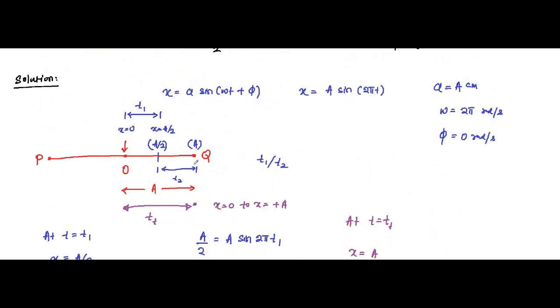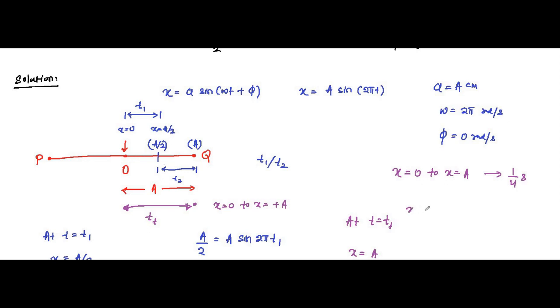Now the important thing here: t subscript t is the total time taken to travel from x is equal to 0 to x is equal to A. In between there is A by 2 also. That is 1 by 4 seconds.